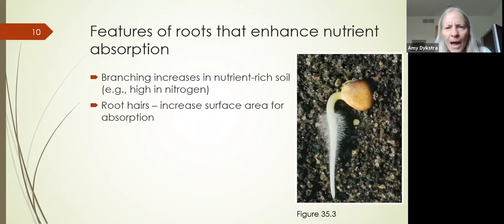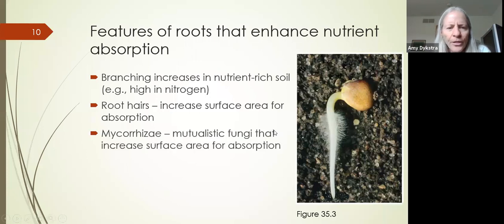Another one we learned about last week, I think, when you learned about the different parts of plants, is that the very tips of roots, the young roots, will develop root hairs. And these root hairs greatly increase the surface area for absorption of the root. And so the tips of the roots, which is where most of the absorption happens, are going to have a lot of root hairs.